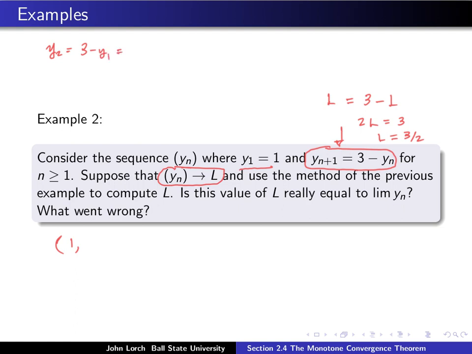But that's 3 minus 1, which is equal to 2. So the next term of my sequence is 2. And then y3, I take 3 minus y2, which is 3 minus 2. And that's equal to 1.